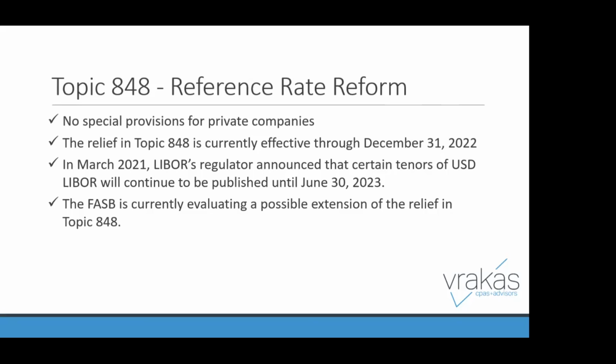So we do expect that the FASB will extend this standard to go beyond June 30th, 2023, since they're going to continue publishing LIBOR through that date. However, they have not done that yet. So more to come on that. I'm sure that you'll be hearing about it. And again, I'm sure that the FASB will renew this standard or extend it so that it's applicable to everyone.